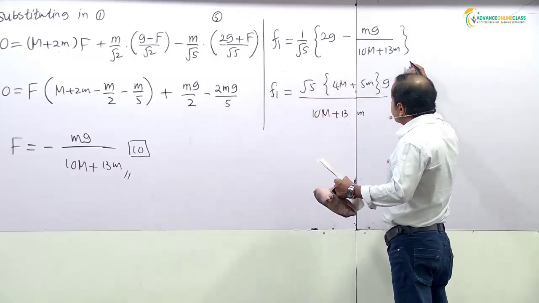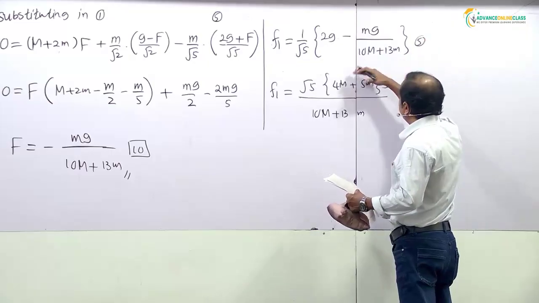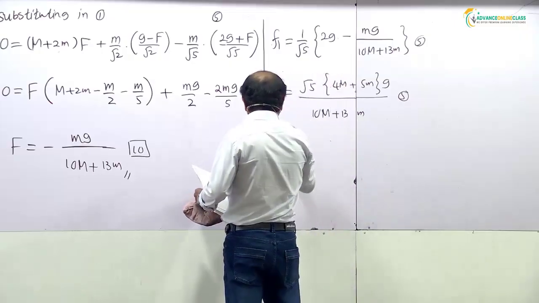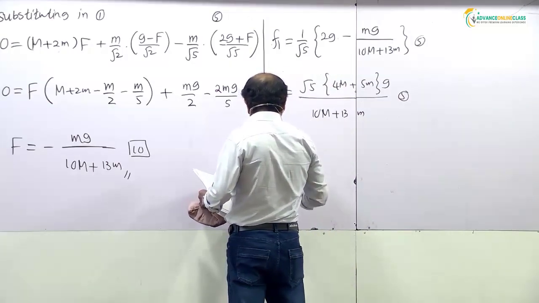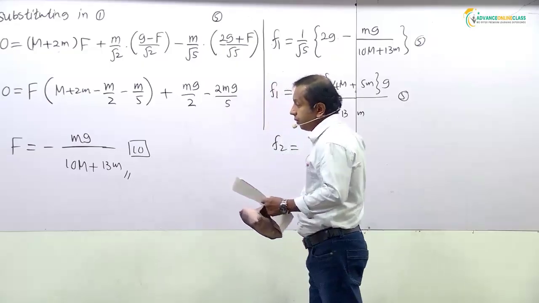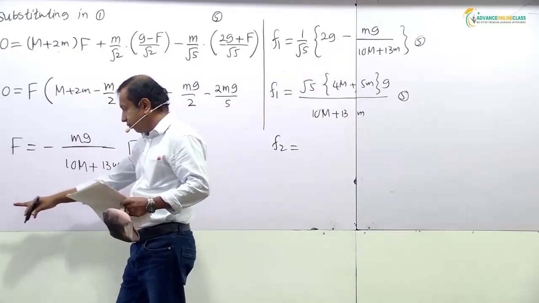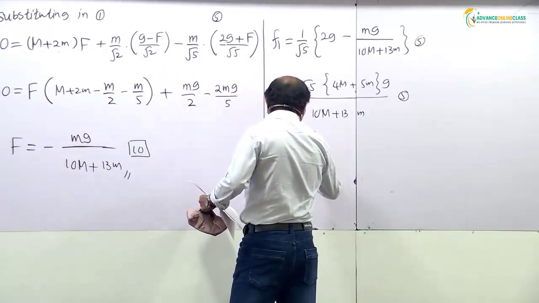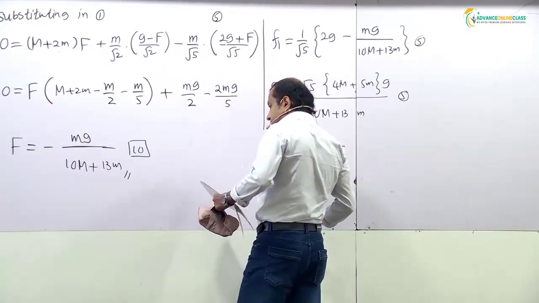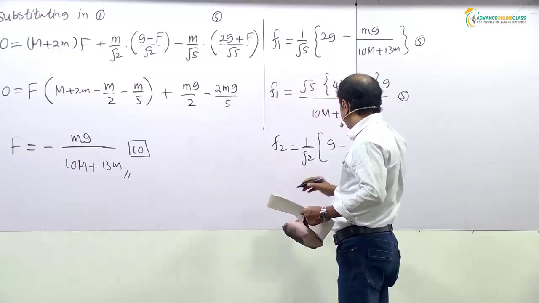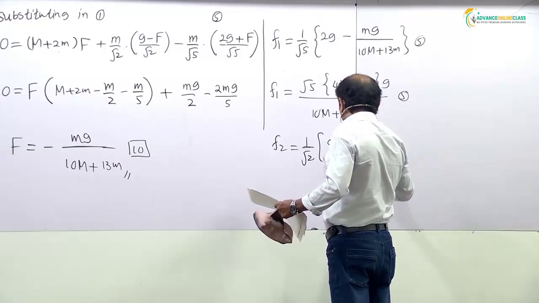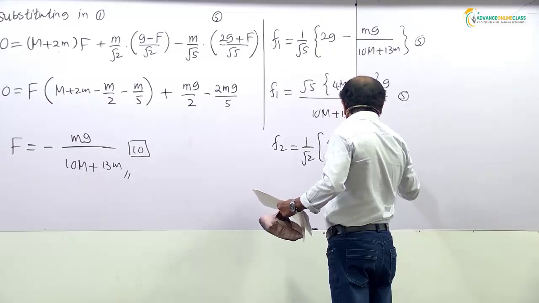Substituting for these 5 marks. I am simplifying, taking this answer another 5 marks. F2 also we can take, right, here substitute for F. 1 over root 2, g minus F is the answer. Then plus mg over 10 capital M plus 13M.